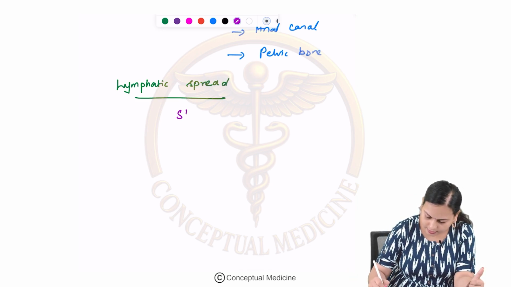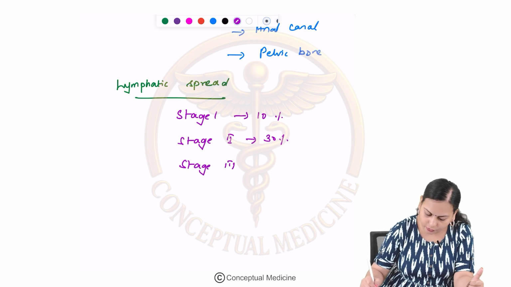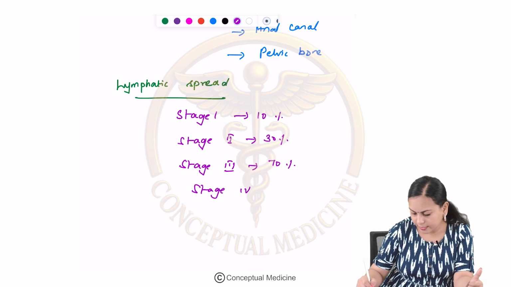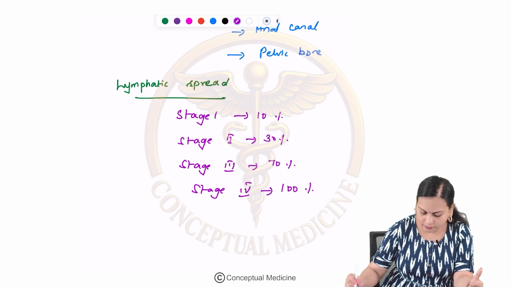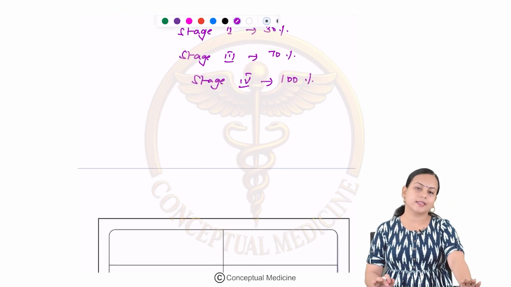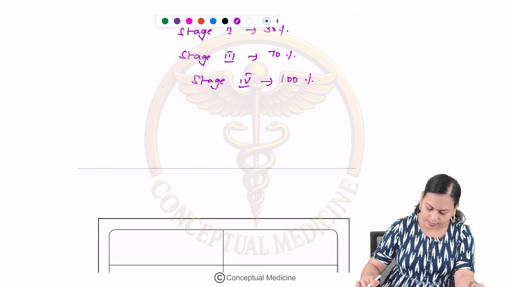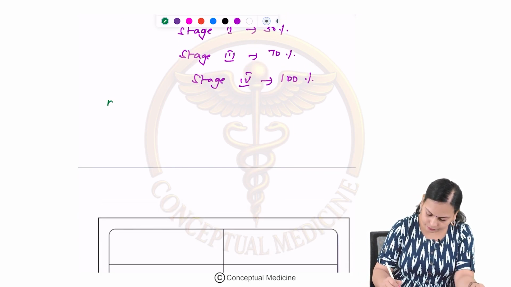In stage 1, there can be 10% of lymph node involvement, whereas in stage 2, there can be 30%, in stage 3 it is about 70%, and in stage 4 definitely there will be 100% lymph node involvement. Hematogenous spread also is possible and it can rarely occur. Clear? Right. Now, let's discuss the management.